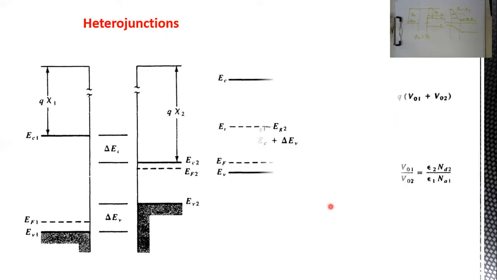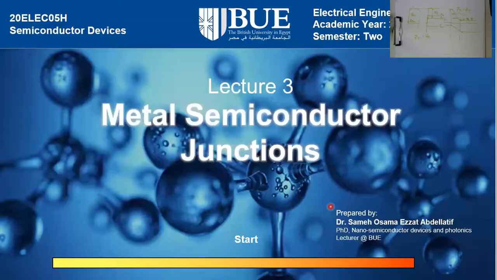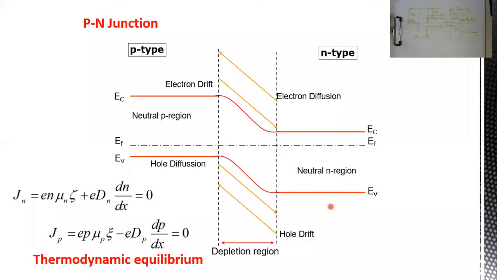As I mentioned at the beginning of the lecture, a heterojunction is the concept of having a semiconductor junction, but with two different materials. So whenever we build a p-n junction, like this one, for example, we are using silicon. On one side it's p-type silicon, and on the other side the silicon is n-type, and then we merge these together.